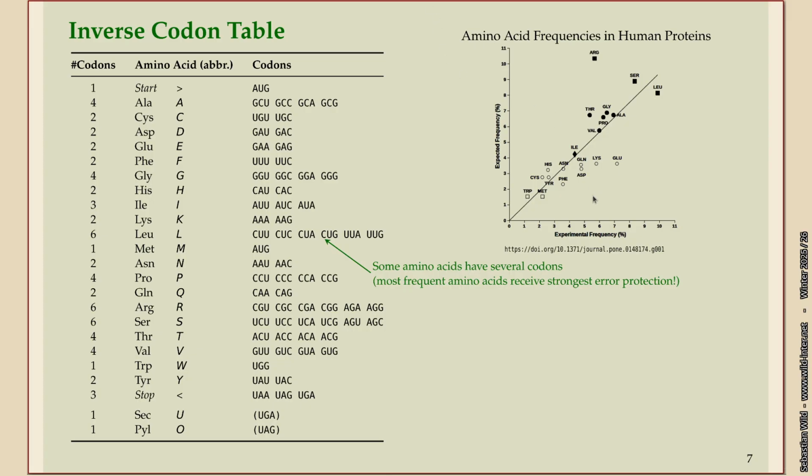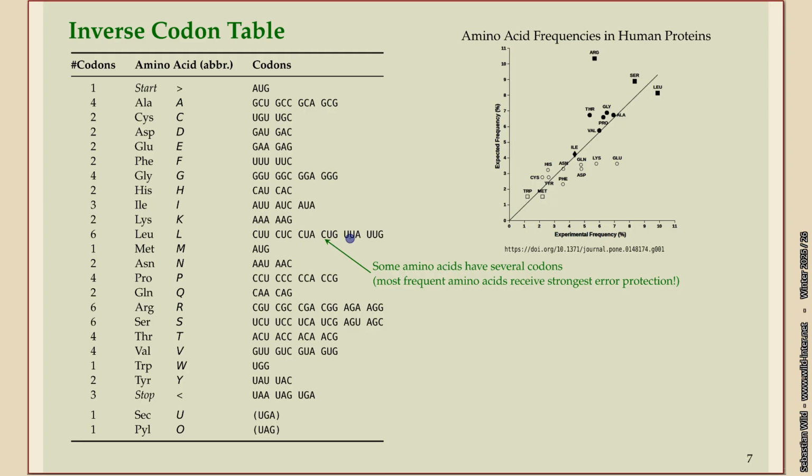But if you plot, say, in humans, how often in the proteins that you can sequence in a cell you find the different amino acids, there seems to be a strong correlation with the number of codons that this amino acid has.